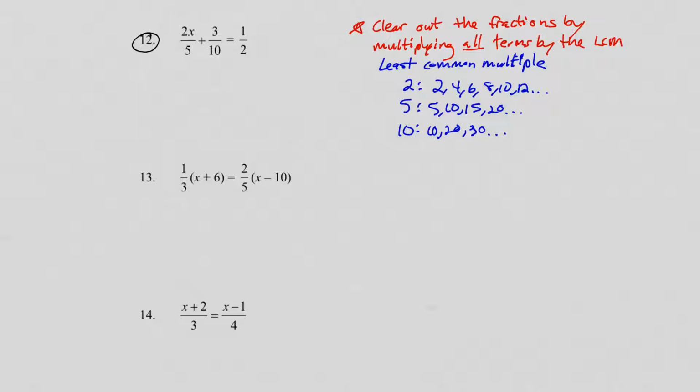So you don't have to do it this way, but this is if you're not sure what the concept of least common multiple is. These are the multiples of the numbers 2, 5, and 10. And the L of the acronym means least, or the smallest, or the first set that all three have in common. And as you can see, it's 10 right there.